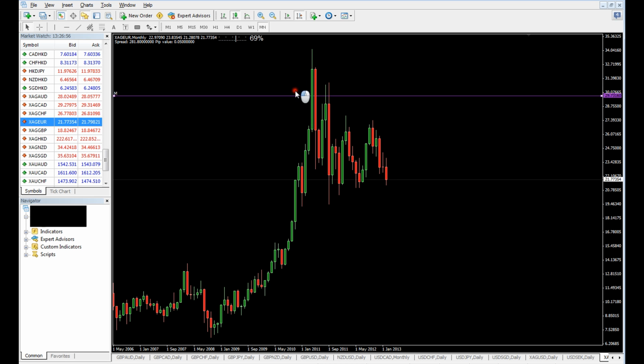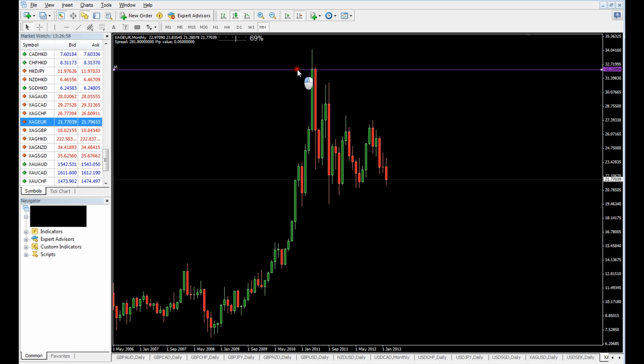Okay, the first line is the easiest because we just have to find the history maximum for the security. In this case I picked silver versus euro because it is actually something that FXGroup mentioned on a forum post when he said check out silver versus euro for an easier trading setup.